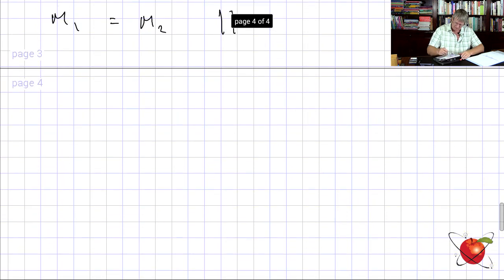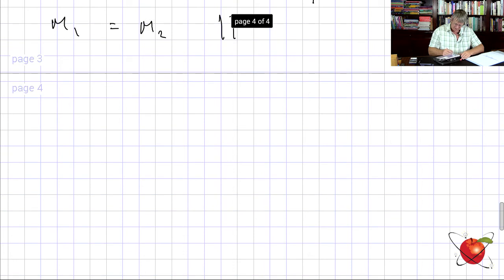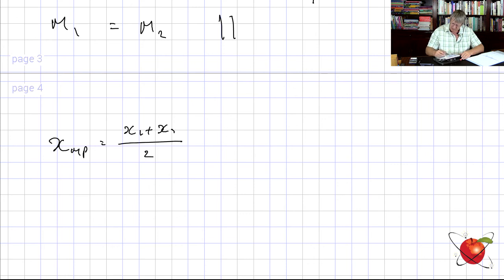Now, there's one other key little point over here. If you are given a midpoint, remember the coordinates: x of the midpoint is equal to x1 plus x2 over 2, and y of a midpoint is equal to y1 plus y2 over 2.